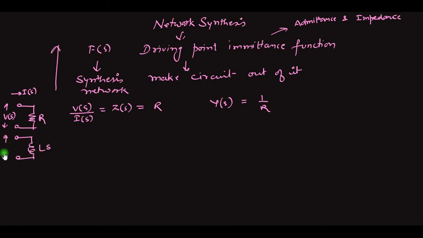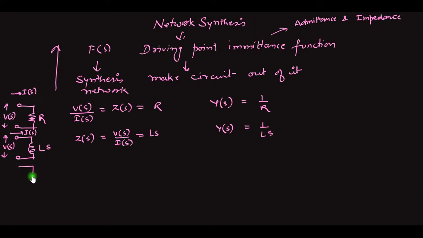Again, Vs is the voltage applied and Is is the current flowing into this circuit. So Zs, the driving point impedance, will be Vs divided by Is, which is the impedance offered by this network. As it has only one element, the impedance will be Ls. Similarly, the driving point admittance would be 1 by Ls, the reciprocal of this.